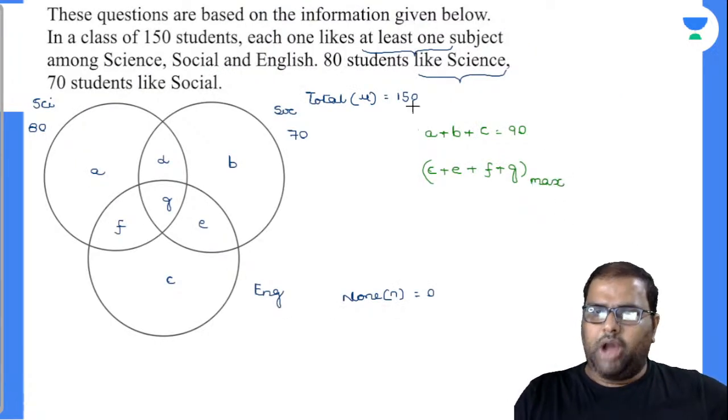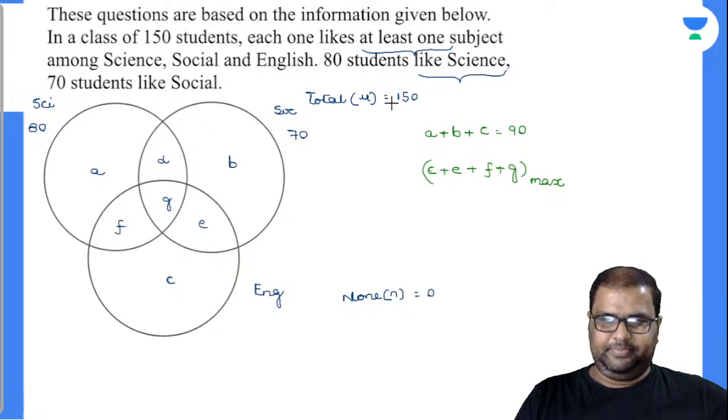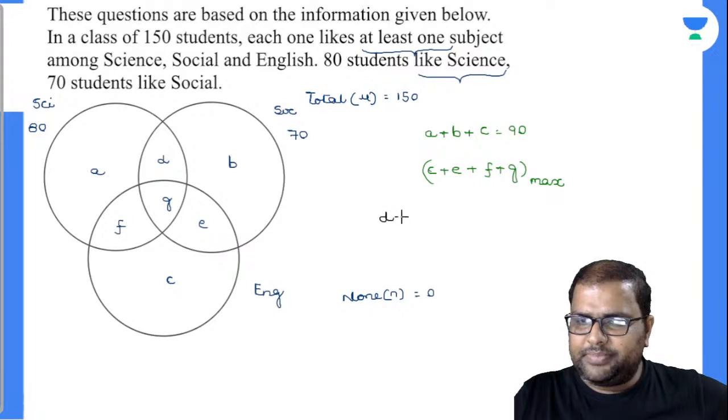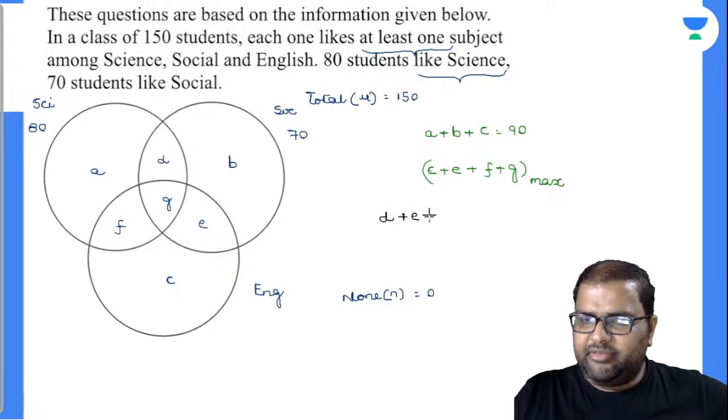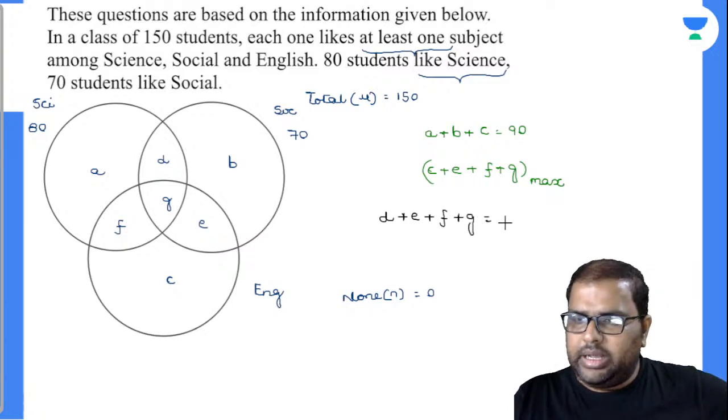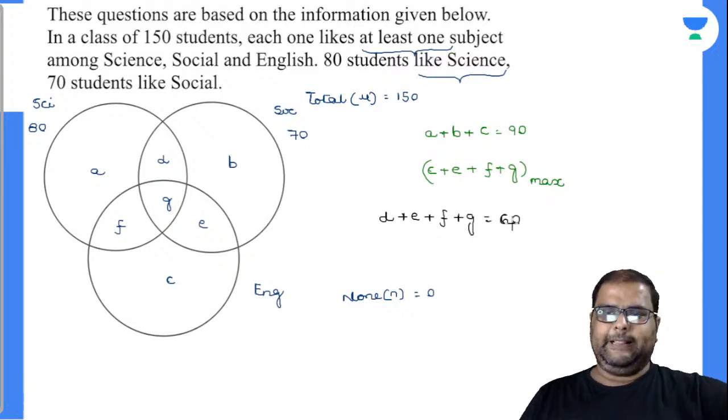Now I know the total value is 150. So A plus B plus C is equal to 90. By this, what can I write down? My D plus E plus F plus G is equal to how much? Is it 60? Yes, it is 60. That's totally 150.